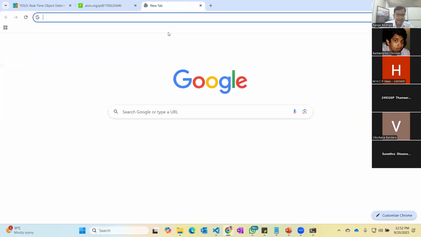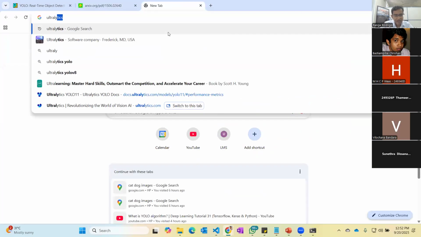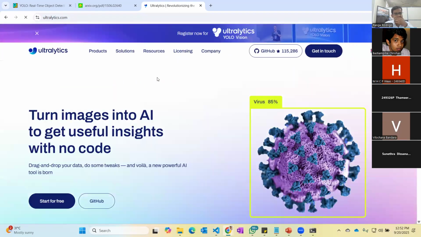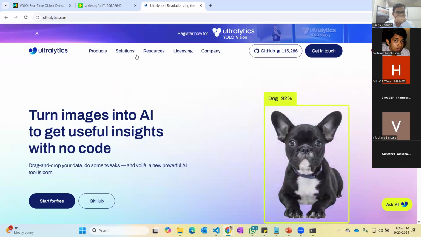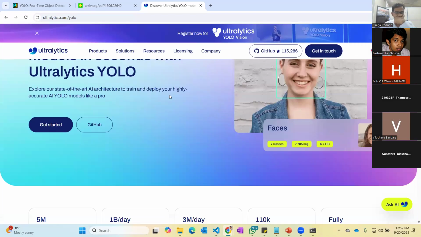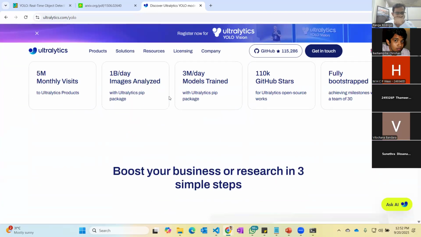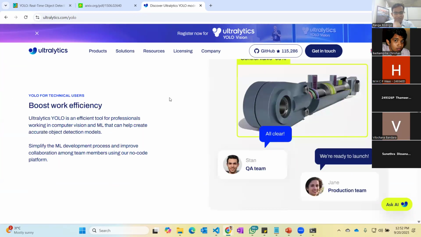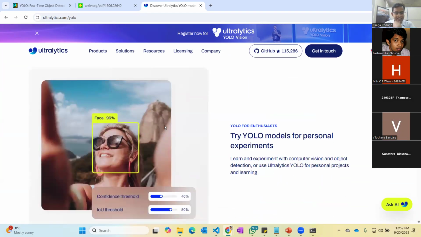After that, a lot of authors came up with YOLO papers. Then these people have YOLO versions 5, 8, and 11, and so on. So we can use their network to do that. It's an extremely good object detector.